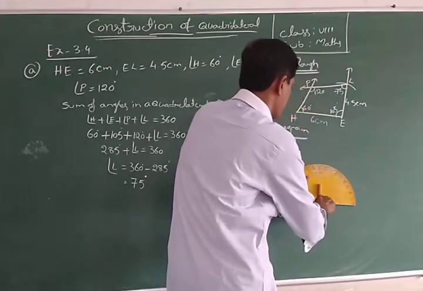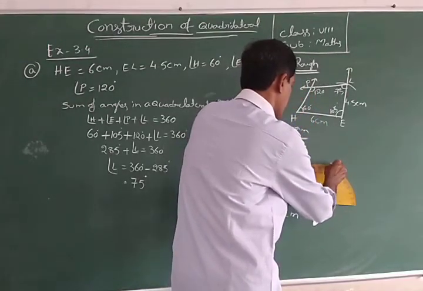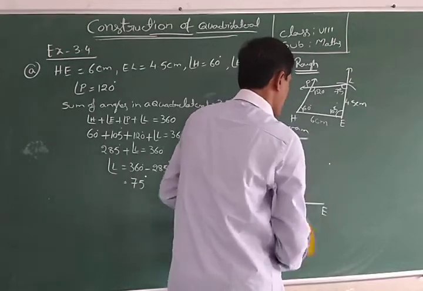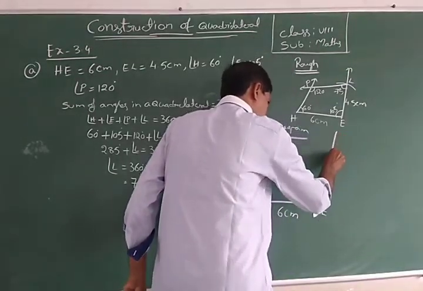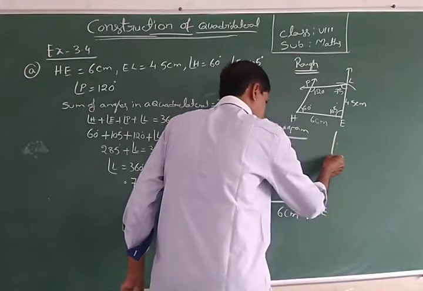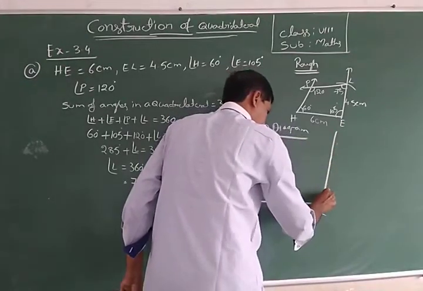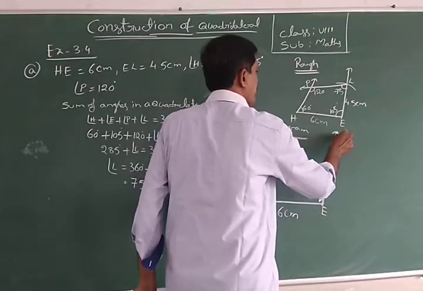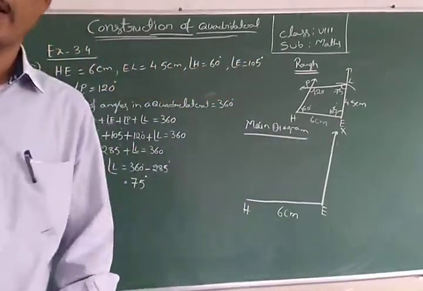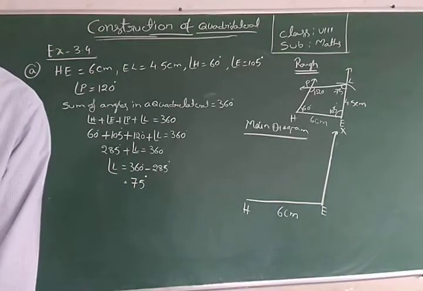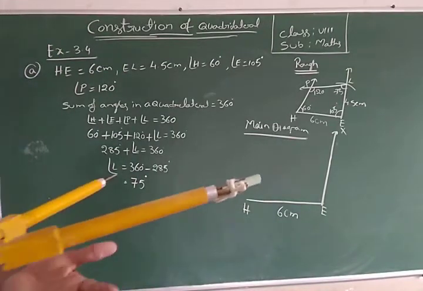This is 90 degrees. This is 100. This is 105. Take any name. Next, by using the compass, draw an arc with 4.5 centimeters.